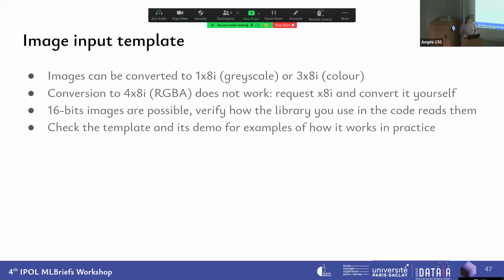And they are supported, but your code might handle it differently. If you use Python, for instance, most image reading libraries like imageio, scikit-image, etc., will only handle 8 bits, and if you provide them with a 16-bit image, it will just convert it and reduce it to 8 bits. So in that case, it's not really helpful. But you have the option if you have a specific need.